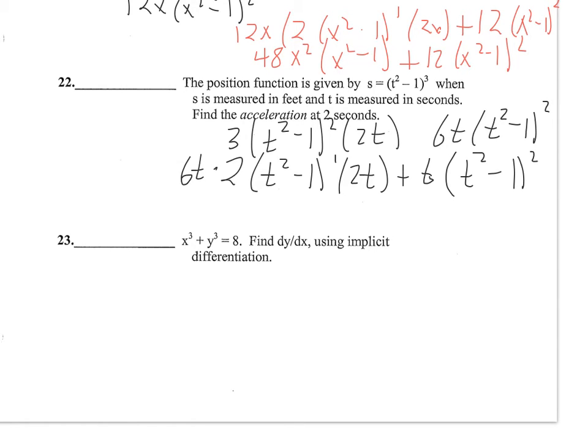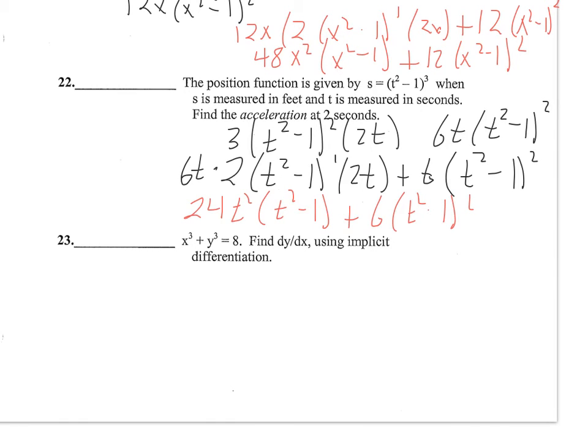For the sake of this I'll just plug it all in. 2t times 6t times 2 is 24t squared times (t squared minus 1), plus 6 times (t squared minus 1) squared.